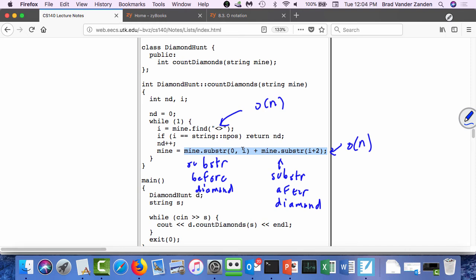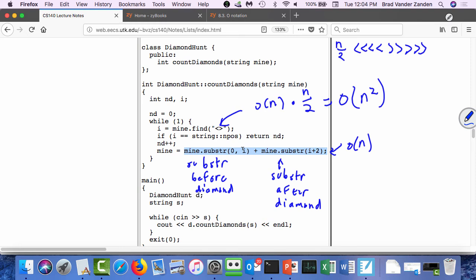Okay, so in the worst case, there are roughly n divided by 2 diamonds in the mine, which means that you would repeat the order n operation roughly n divided by 2 times, which gives you order n squared running time. Whereas his algorithm with lists only took order n time, which is why you wanted to use lists rather than this approach with find.